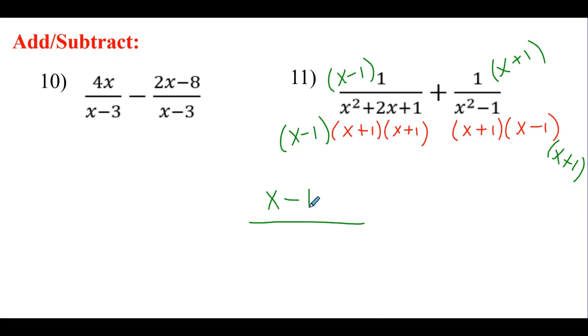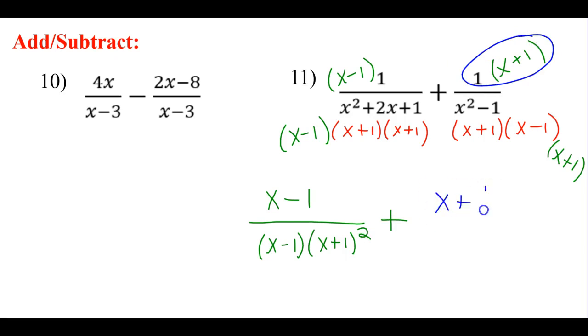Now, we can just keep this factored, but what's a shorter way of writing x plus 1 times x plus 1? Yeah, so if you wanted to, you could call the common denominator x plus 1 squared. Plus, and then on top here, we did 1 times x plus 1, so this is an x plus 1, over the common denominator of x plus 1 times x minus 1. Oh, sorry. The plus 1 is squared.